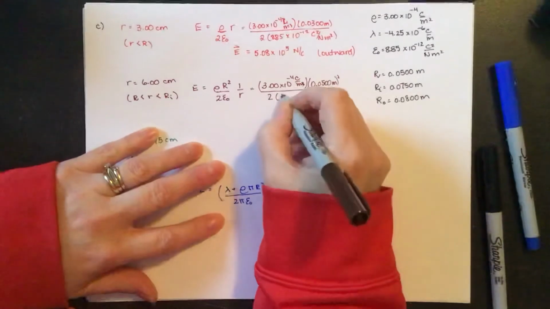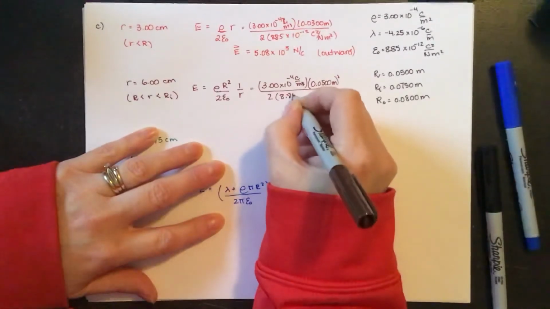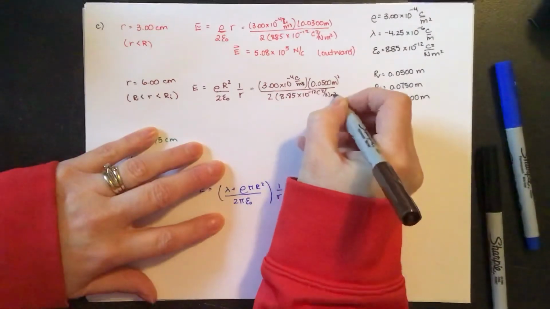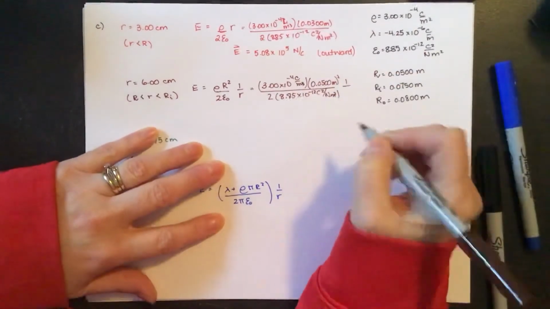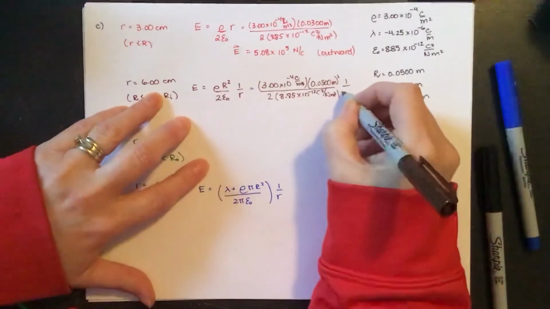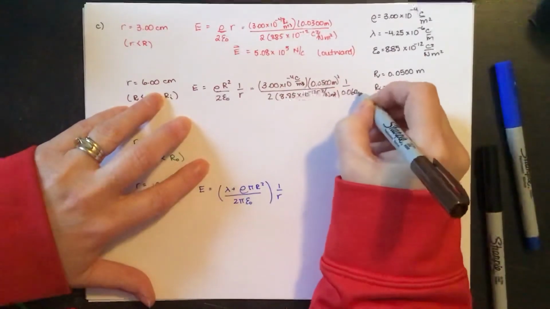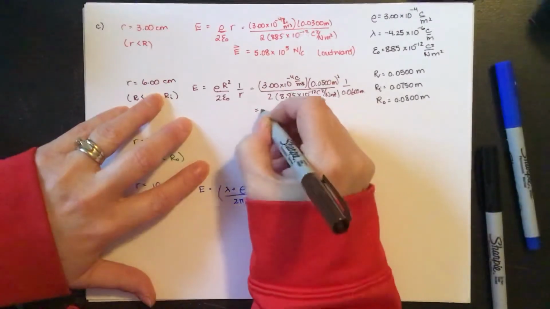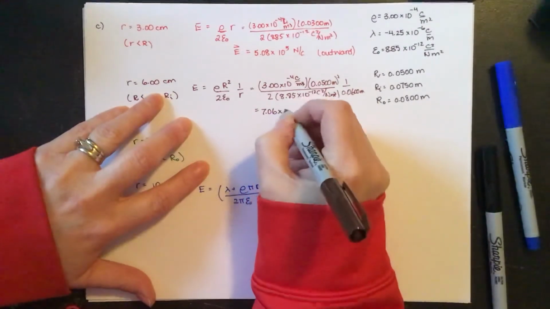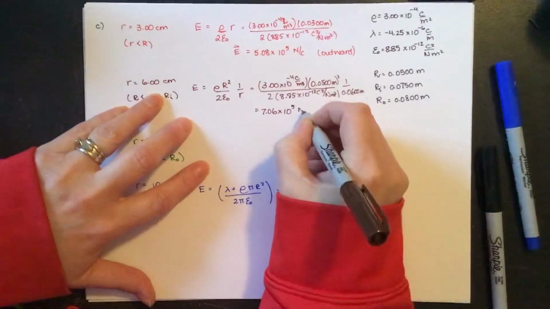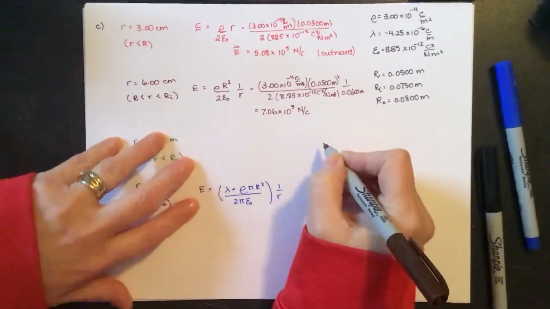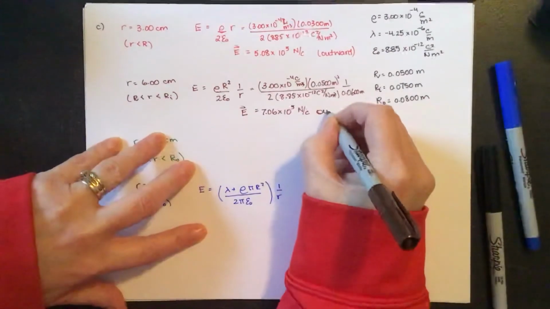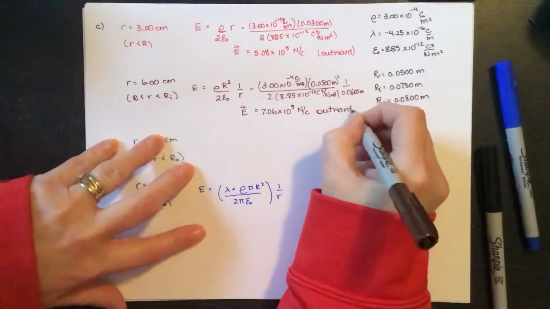Over 2 times epsilon naught, and times that by 1 over the distance at which we're trying to find the field, which is 6 centimeters, which we put in meters, of course. That electric field is 7.06 times 10 to the 5 newtons per coulomb. So there's our electric field outside. It's positive, so radially outwards, which is what we said from before.